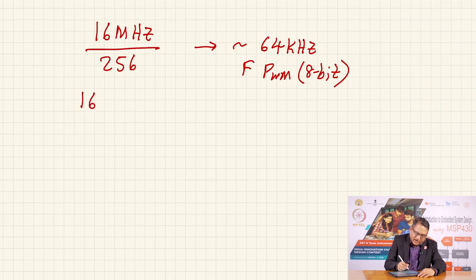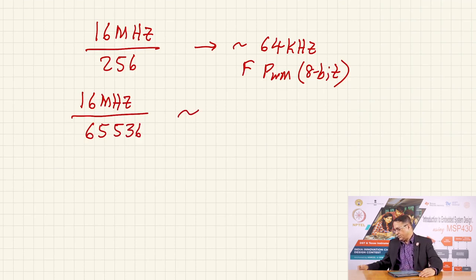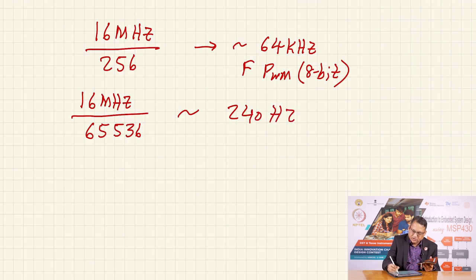But 16 megahertz divided by 65536 will roughly give you, let me calculate here for you, roughly 240 hertz PWM carrier frequency. And so, in many cases this could be sufficient.